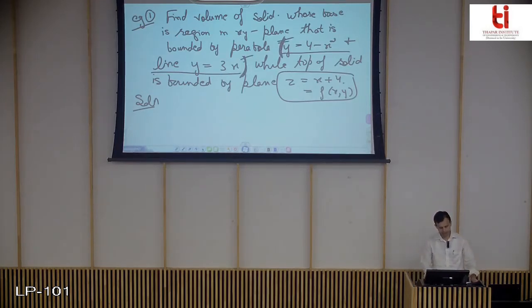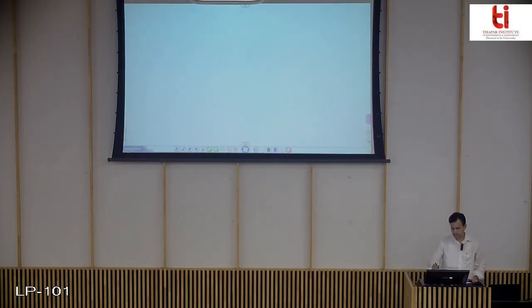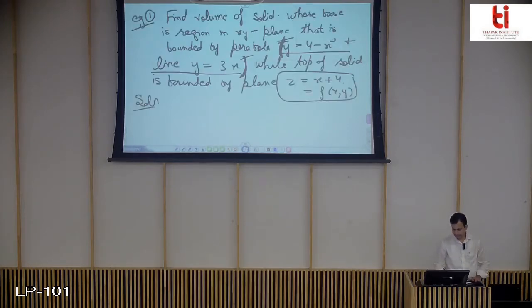Let me first draw this parabola. But before that, since we have to draw this in the xy plane, we must first know the points of intersection. That will help us in sketching the region of integration.